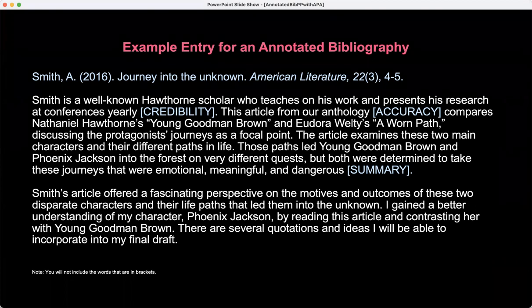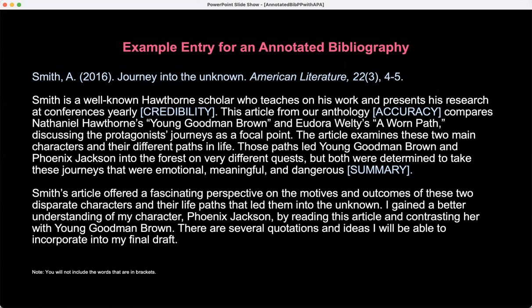And so that is going to tell me that what is presented is accurate, because it is likely peer reviewed and it has been vetted to be able to be in this piece, in this anthology, in this book.